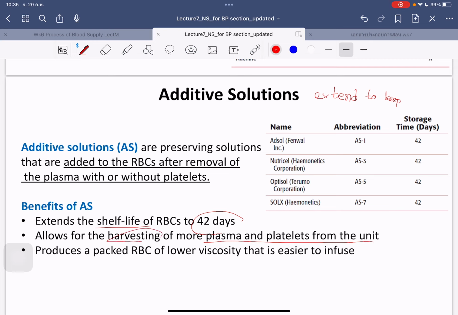So do you really understand that? Can you explain to me what is useful if you remove plasma from the platelet? Say the patient is blood group A, and then I transfuse platelets of blood group O. If I do not remove plasma, what is the effect of platelets from blood group O?